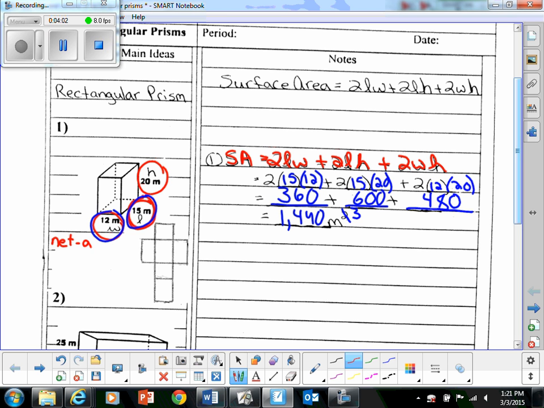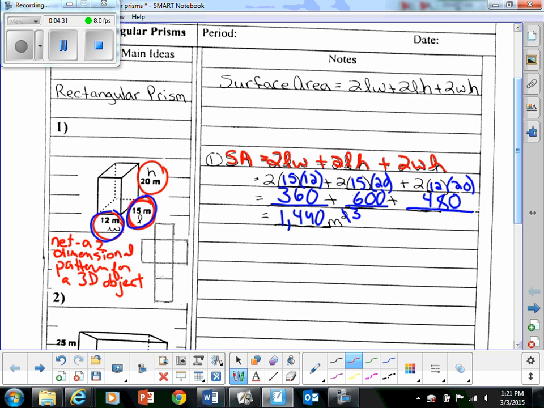A net is a two-dimensional pattern for a three-dimensional object.